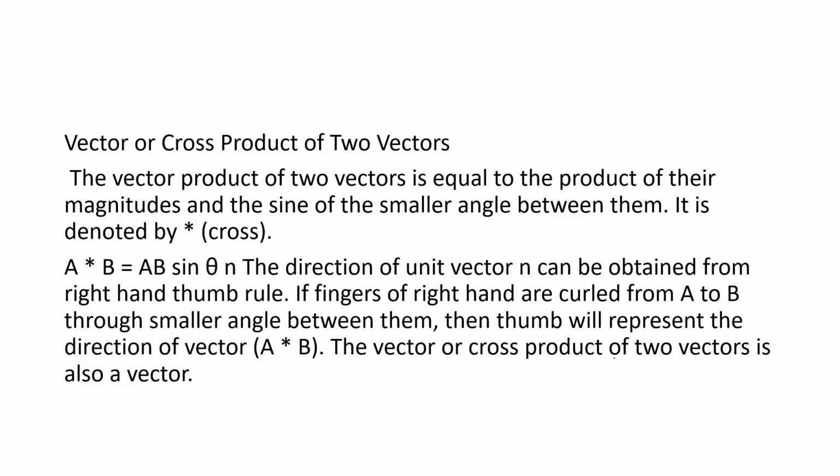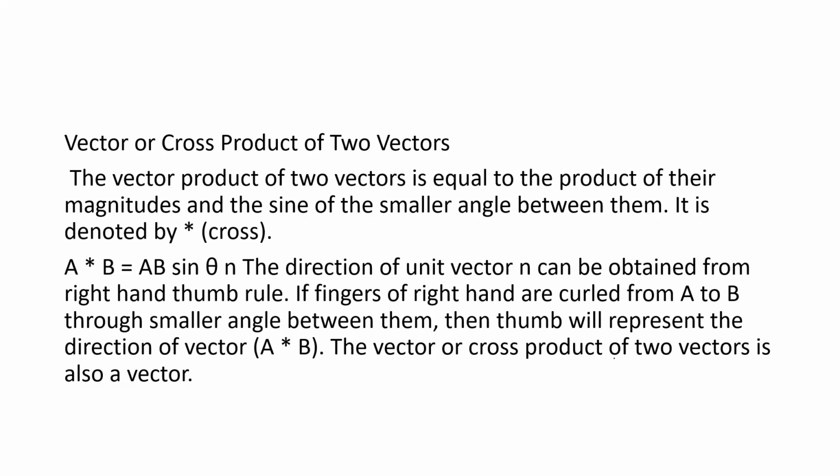In the dot product, we took A dot B is equal to AB cos theta. Here A cross B is equal to AB sine theta.